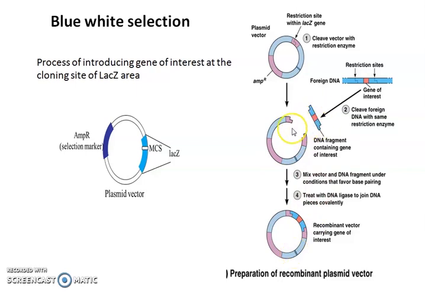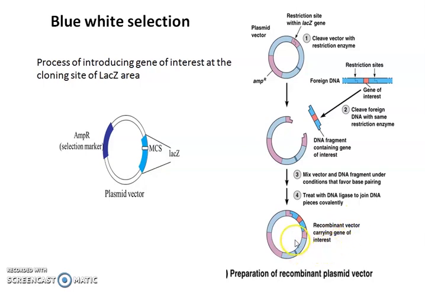So these will join when treated with ligase, in ligase buffer, and that becomes the rDNA. That means mix the vector and the DNA fragment with the desirable gene under conditions that favor base pairing. So the sticky ends will base pair, they will complement each other and they will ligate. So the recombinant vector carrying the gene of interest is ready.